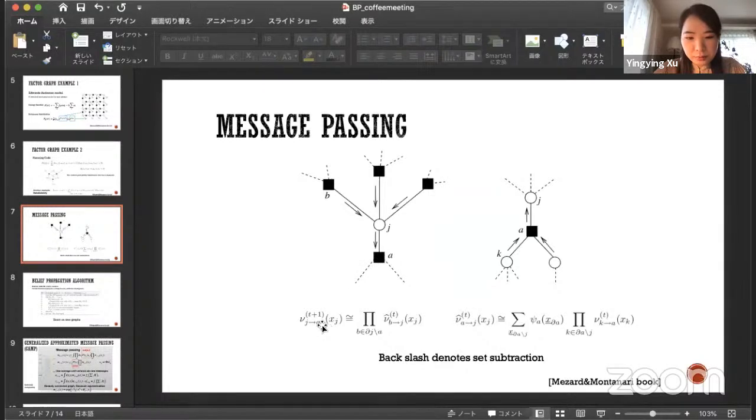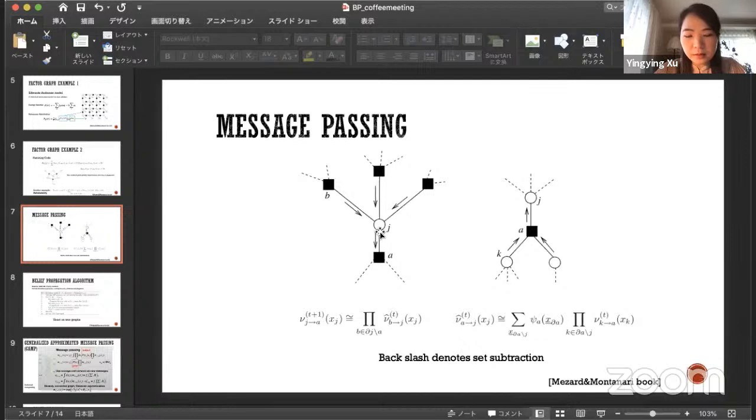It's a conditional probability. This "remove A" notation means: when I don't have information from this function node, and am only receiving information from other parts, what do I know? What amount of information do I know?